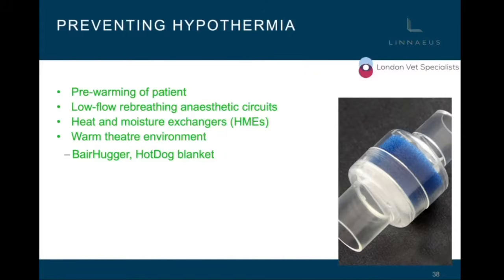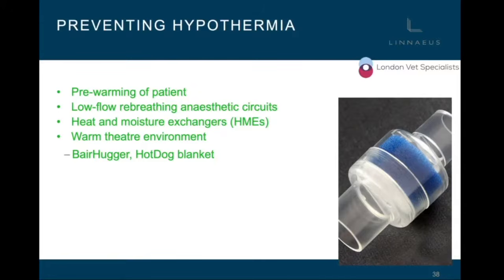Heat lost from the airway is generally minimal anyway. It's probably less than 10%. There are much more significant reasons for heat loss, including radiative heat loss. So when you have an open abdomen, then that heat is moving to the walls of the theatre. Actually, it's not the air temperature that is important, but the mixed physical objects.